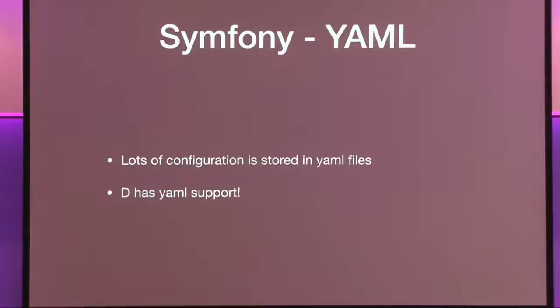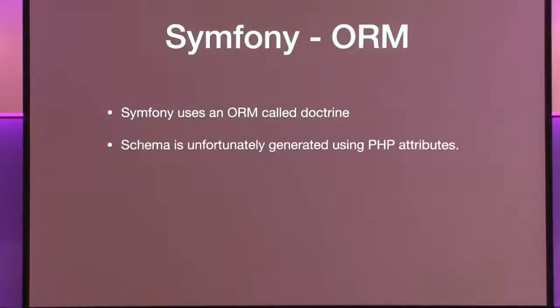Symfony uses YAML for a lot of configuration, yet another markup language, for stuff like authentication and everything. D has YAML support, so you may not even have to change that if you were using this. It does have ORM support. Now it's not required, but it does use an ORM called Doctrine, which unfortunately is generated using PHP attributes.